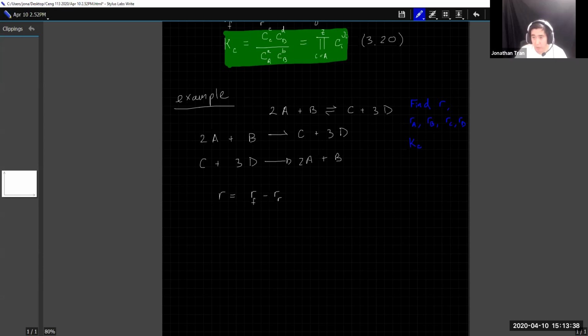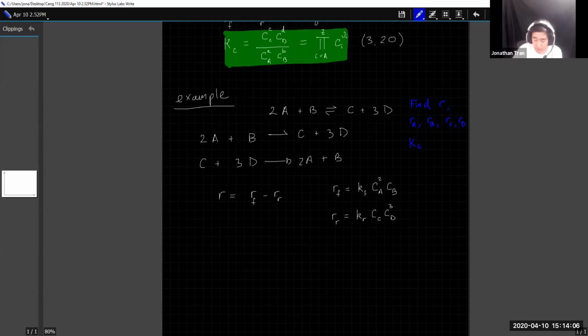Using the elementary rate law general form that we learned in last class, we can say that R_F is going to be equal to k_F, C_A squared, C_B to the first power. And then R_R is going to be k_R times C, the concentration of C to the first power, and then the concentration of D to the third power.